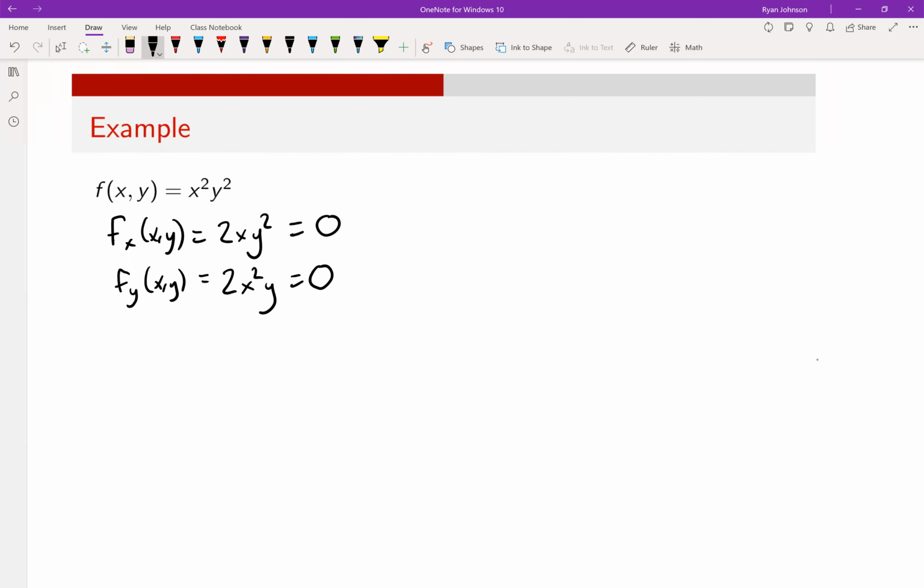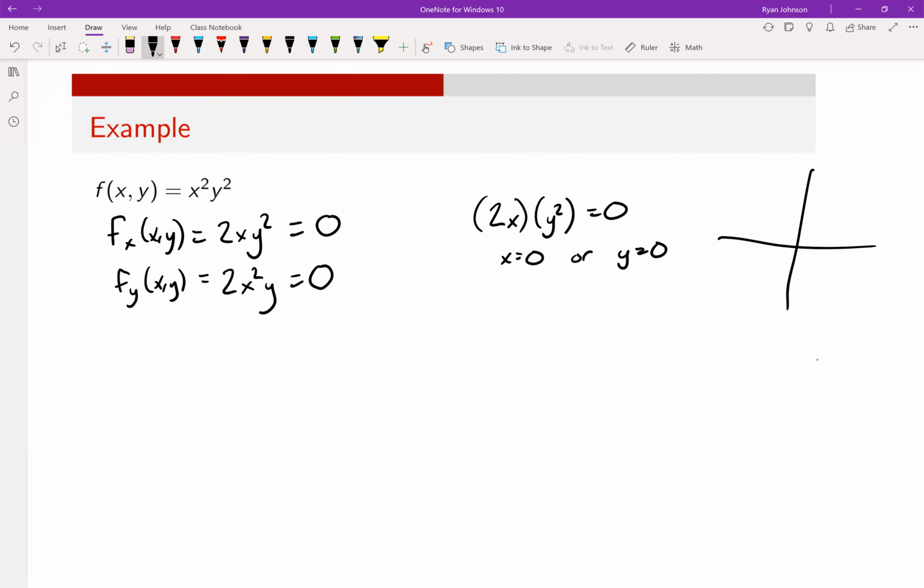And then when you have things multiplying to get 0, then you have 2x times y squared equals 0. That means that x equals 0, or y equals 0. And then if either of those is 0, then the other one will be 0. So then you don't have isolated critical points. You have basically the lines, like your axes.